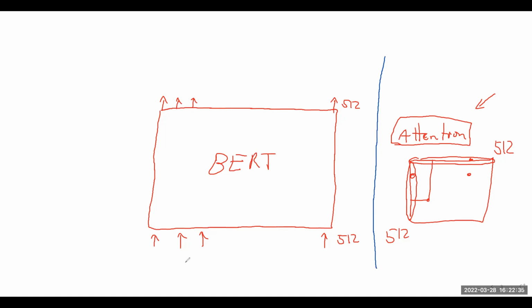So now we give inputs to BERT, and what we get out of it is encoded embeddings. This is what you get.